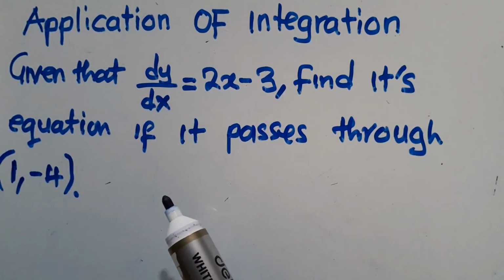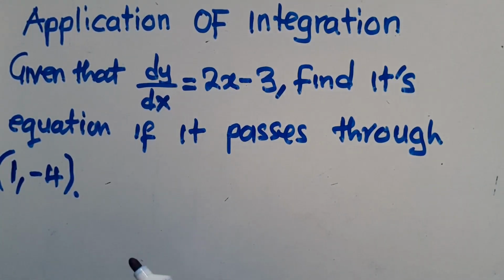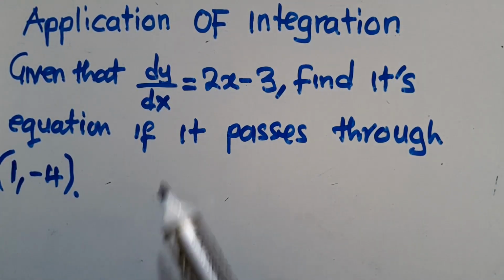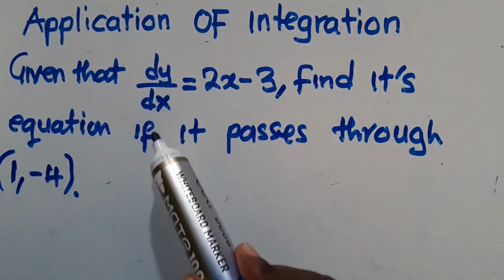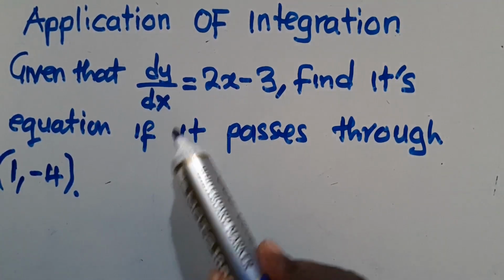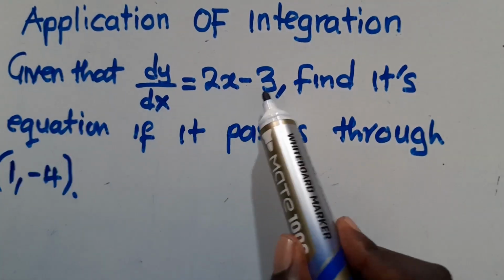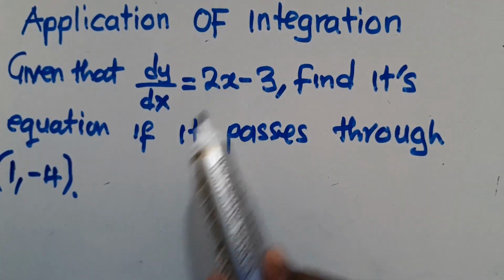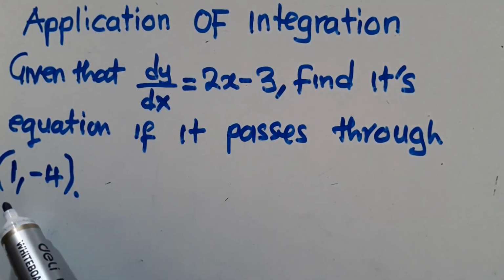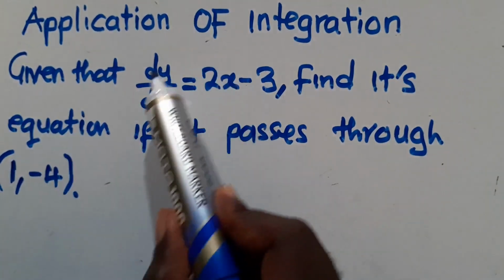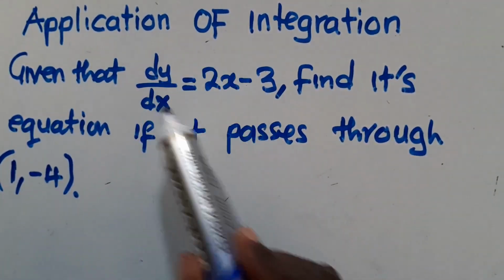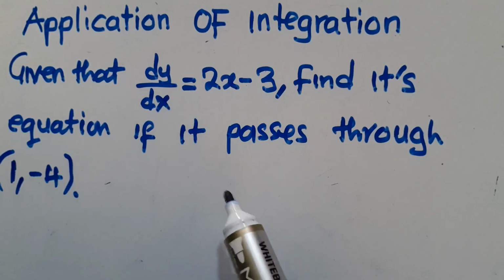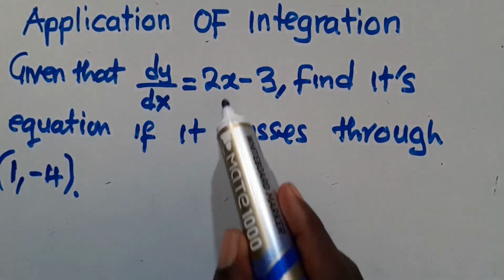If you remember very well, when we are finding the equation of the tangent, when we reach this stage, we used to say m, which is gradient, is equal to 2x minus 3. Then where there is x, I put the value 1. Meaning that this one is called a gradient function. Certain questions will not tell you that dy/dx is equal to that.